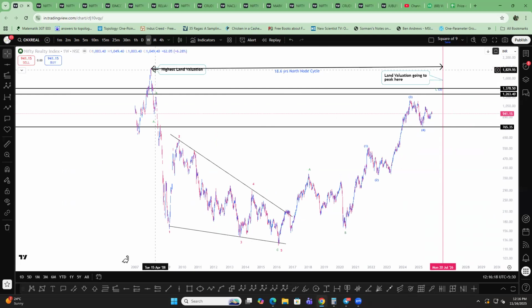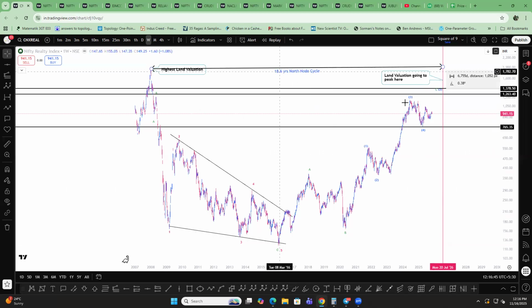And in 2008, you may already have noticed that land valuations were at the highest level. And after that, in this zone, 2013 to 2016, land valuation came down, where many people invested in land and they are generating some good return.